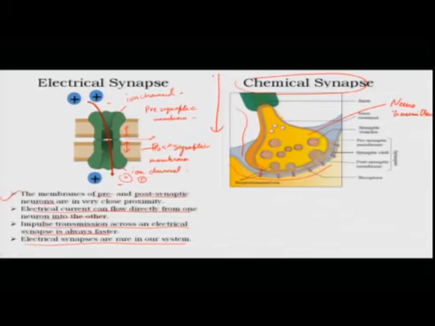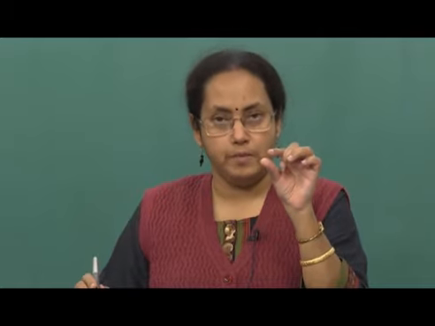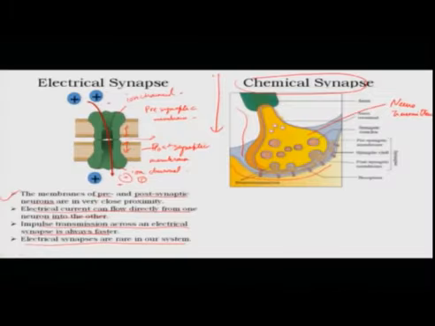Neurotransmitters are very small amino acid derived molecules or very small peptides made up of few amino acids in a chain, and they are packaged into these vesicles. So, there are these vesicles which are membrane bound packets of neurotransmitters that are stored within the end of the presynaptic neuron in the form of these neurotransmitter vesicles.